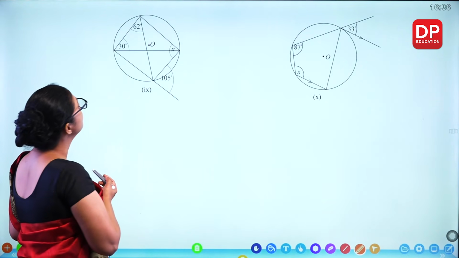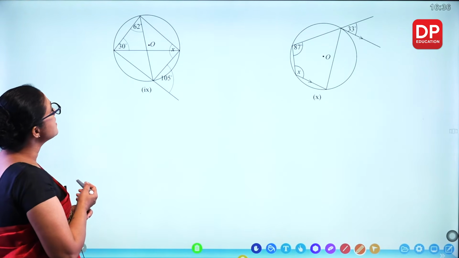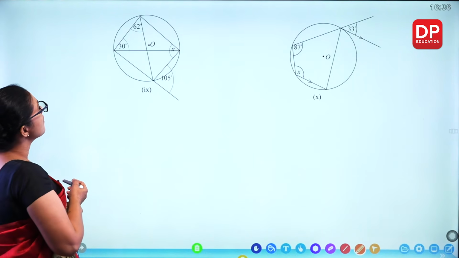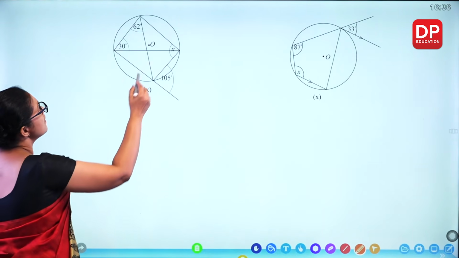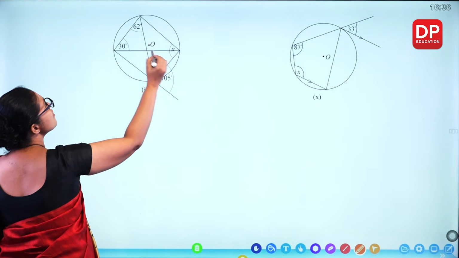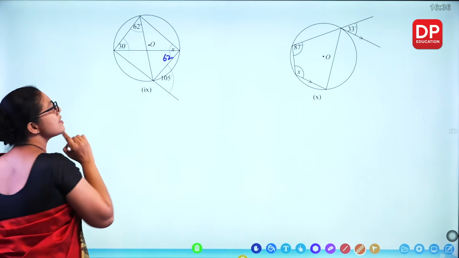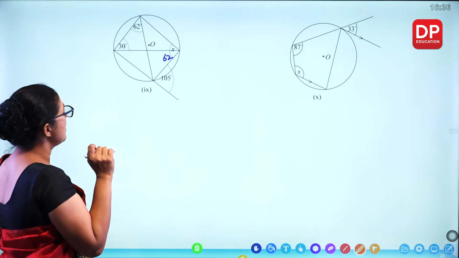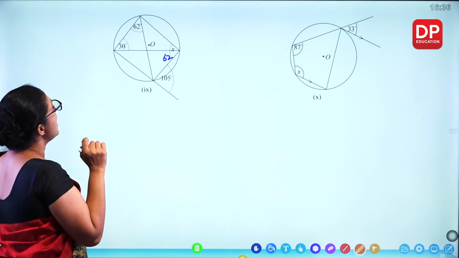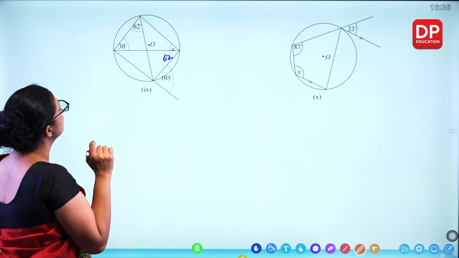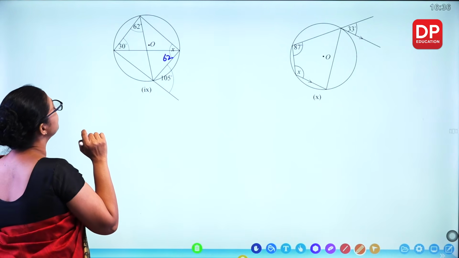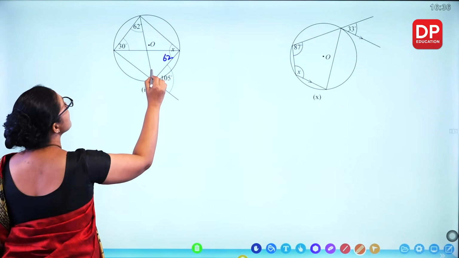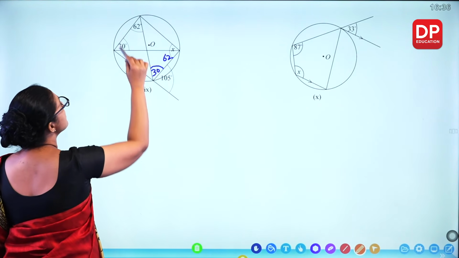This one, O is the center. We can find out this angle. This is 62, so this is 62. Same segment angles are equal. And we can find out this angle is 30.